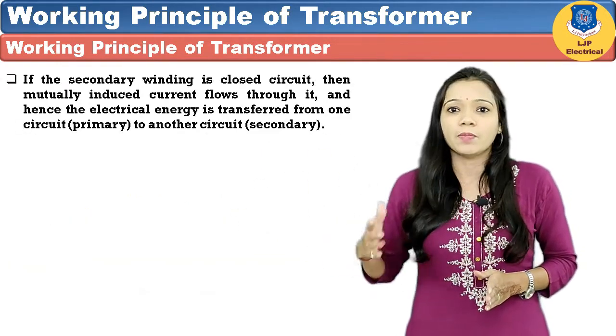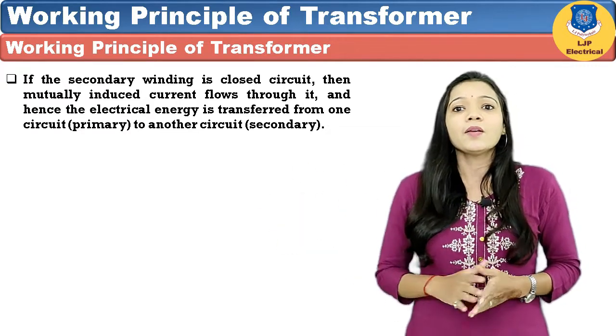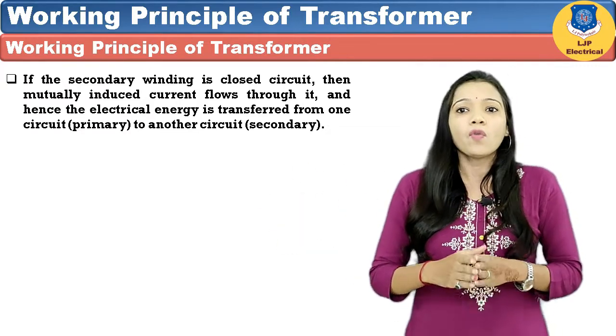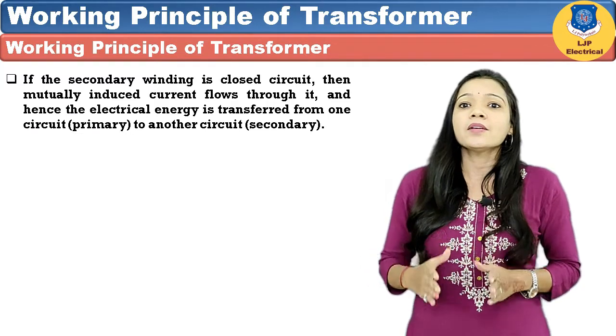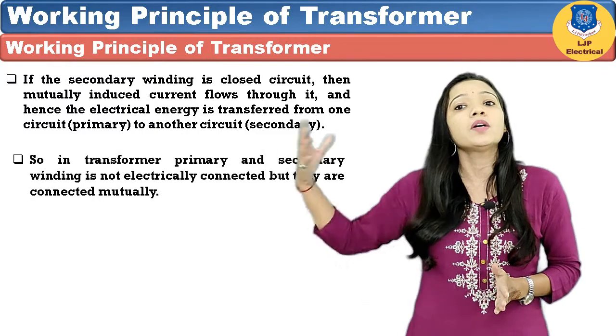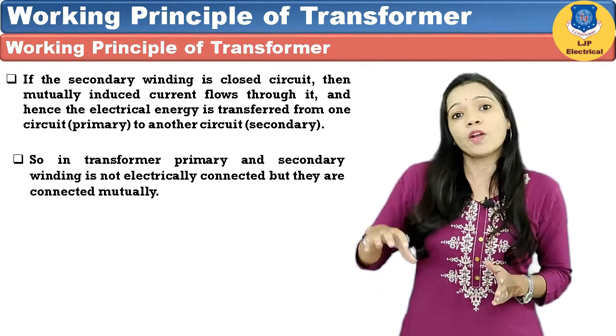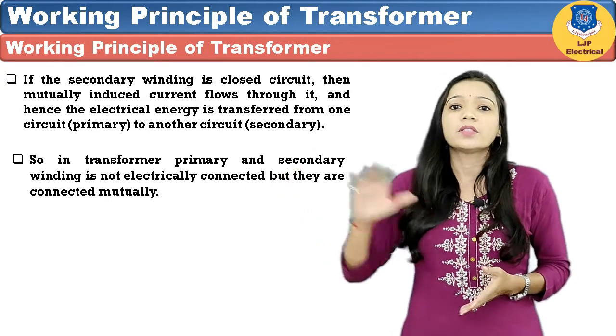This EMF is called the mutually induced EMF, and the frequency of the mutually induced EMF is the same as that of the supplied EMF. If the secondary winding is a closed circuit, then the mutually induced current flows through it, and hence the electrical energy is transferred from one circuit to another circuit, or we can say the power is transferred from primary winding to the secondary winding.